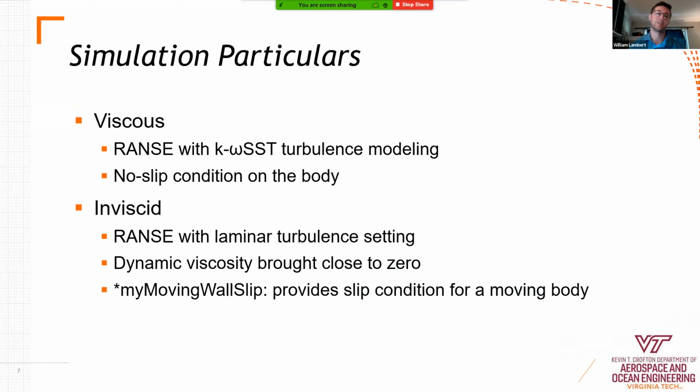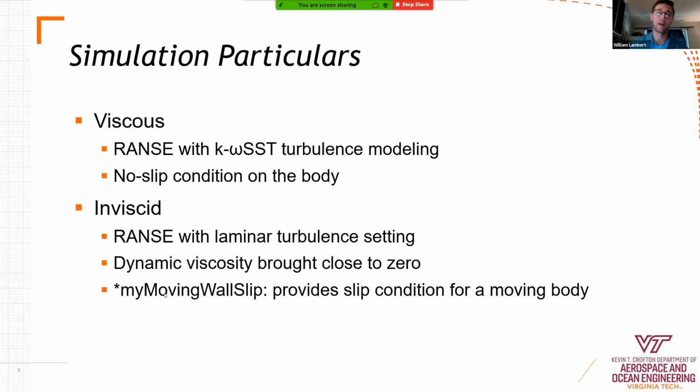Some of the simulation particulars for the viscous test: we just used incompressible RANS equations with k-omega SST turbulence modeling and a no slip condition on the body. For the inviscid, we also still use the incompressible RANS equations, but with the laminar turbulence setting, bringing the dynamic viscosity very close to 0.